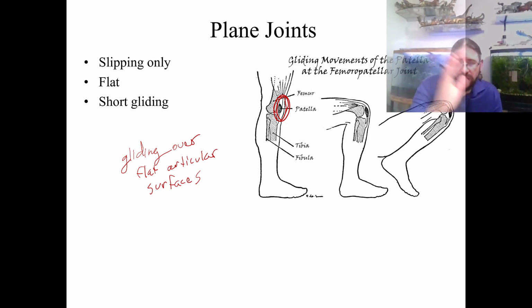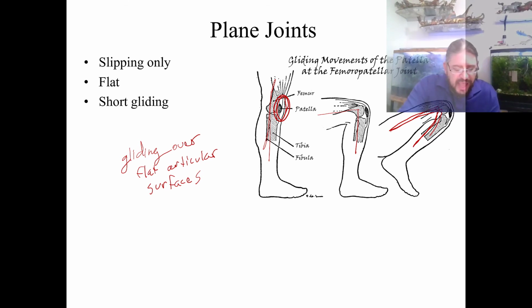It is doing simple slipping only. So you can see when your leg at the knee is flexed, versus extended or flexed as far as it'll go, the kneecap, the patella, essentially changes position ever so slightly.